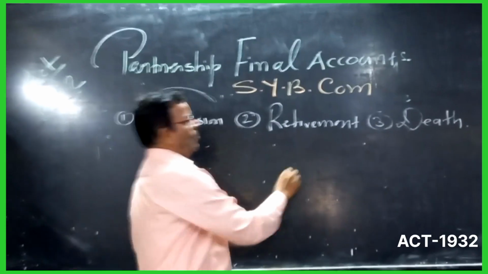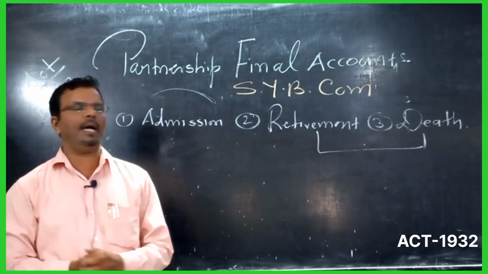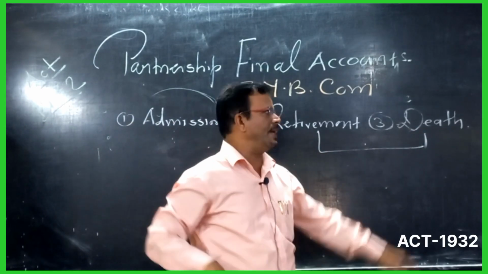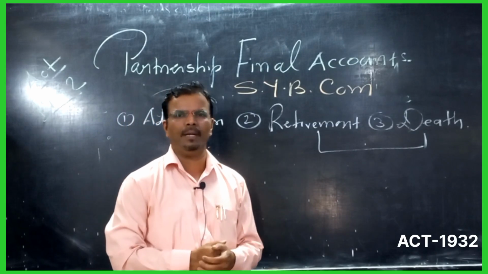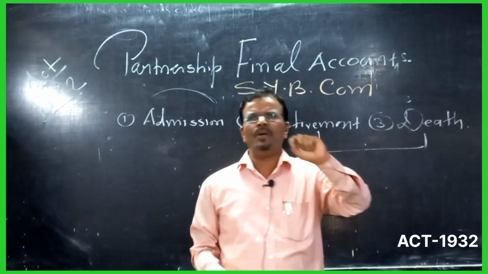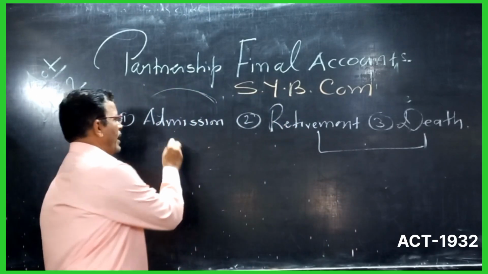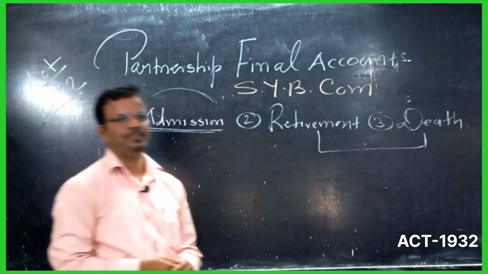Now whenever we do retirement, at the same time we are going to solve the problem of death, and when we are doing the death final account, at the same time we are doing the retirement. Both are the same, only one word is changed, which we'll see whenever a sum comes, but at present we will see the admission of a partner.